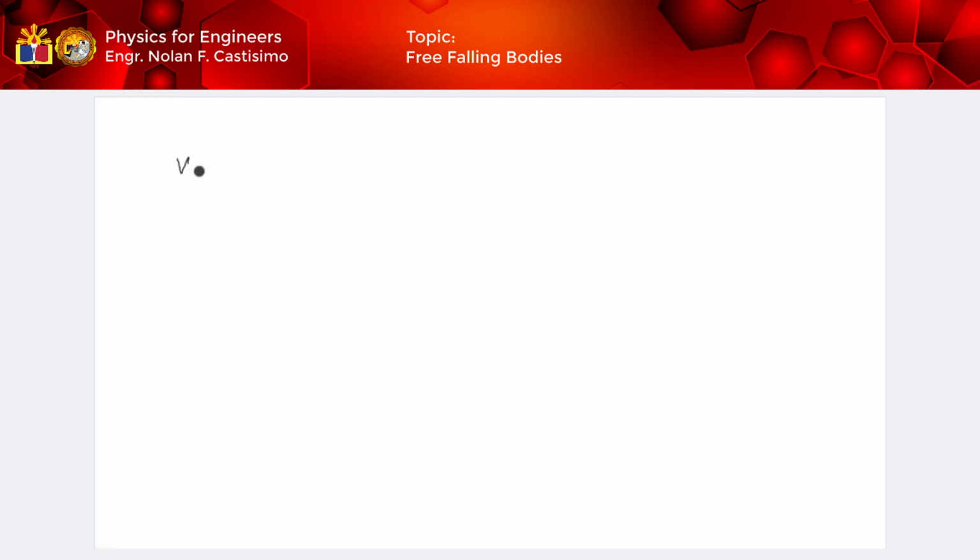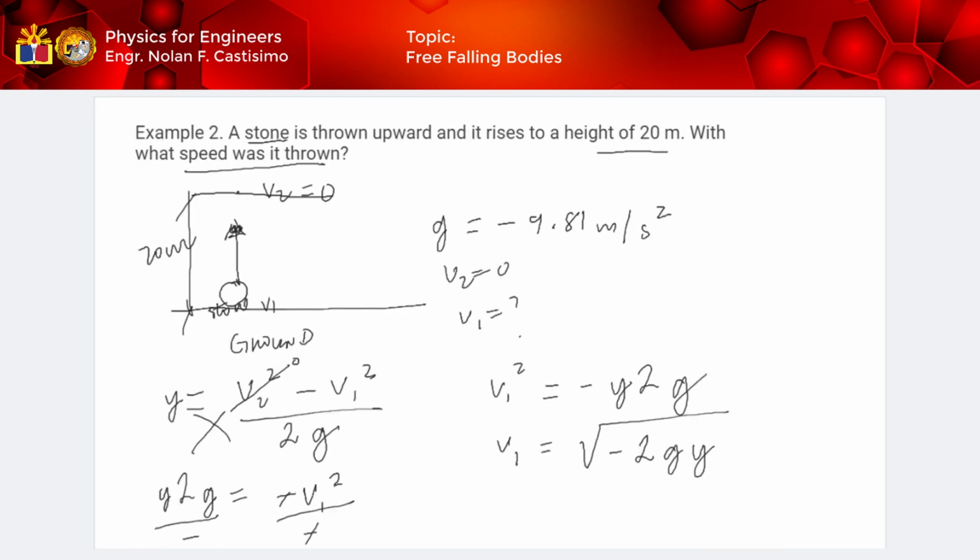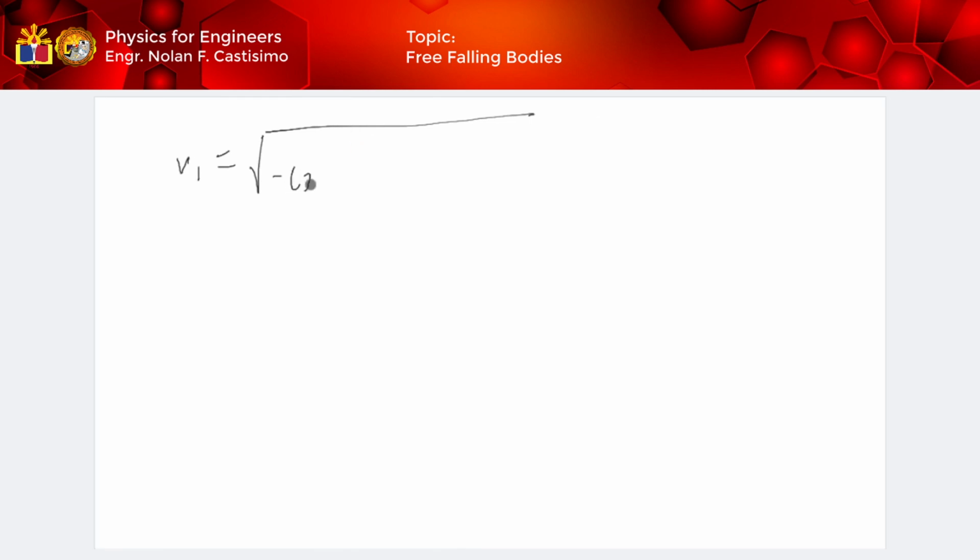So, v1 is equivalent to square root of negative, may negative dyan. And then 2 times our g, negative 9.81 meter per second square. So, negative yan since upward yung motion natin. Tapos yung y natin na 20 meters.